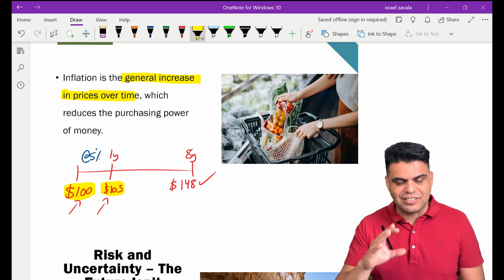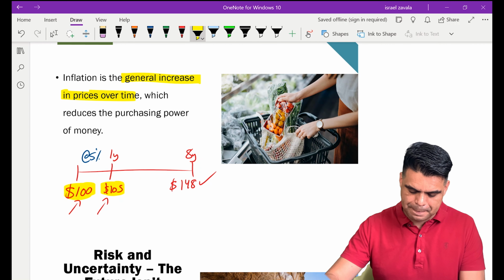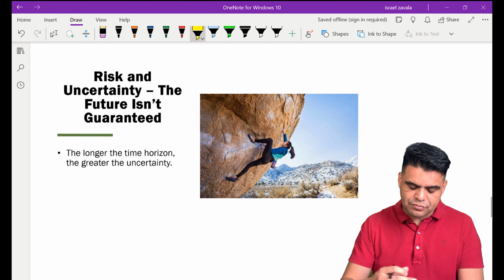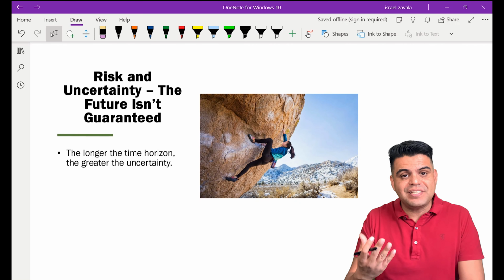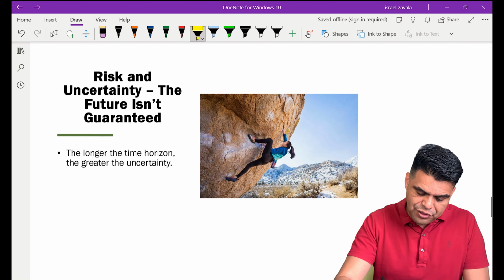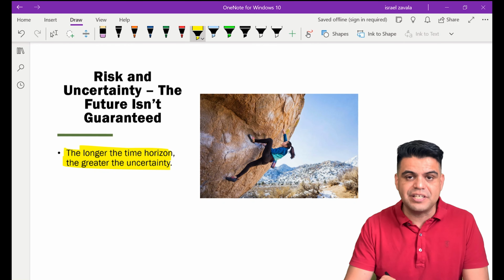Okay. All right. So I don't want to beat that point to death, but I hope I got my point across there. Lastly, risk and uncertainty. The future obviously isn't guaranteed. So the longer the time horizon, the greater the uncertainty.